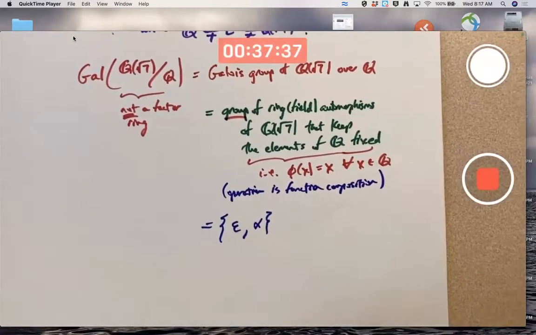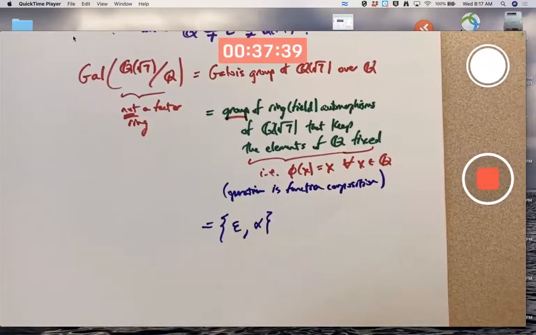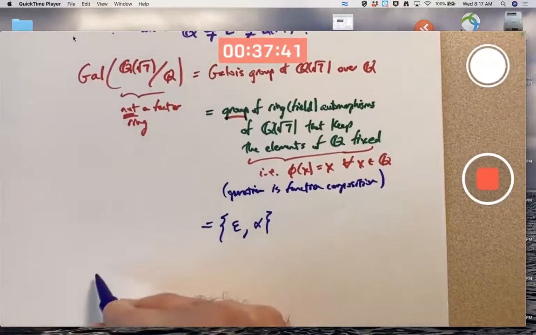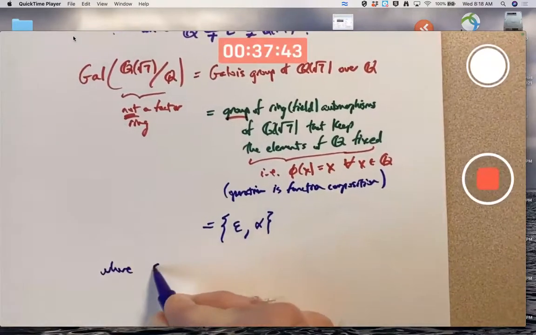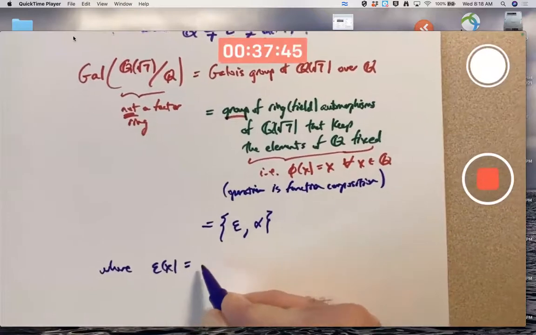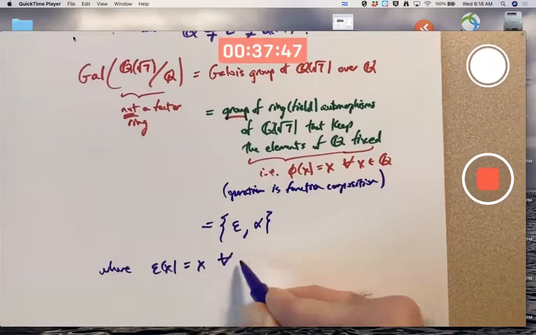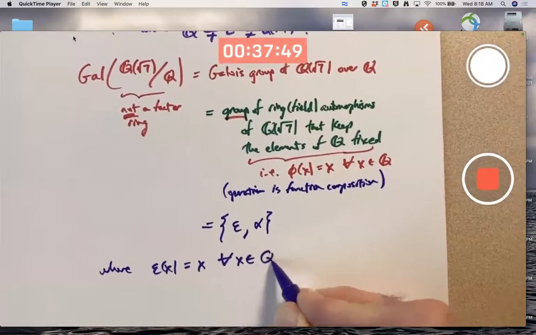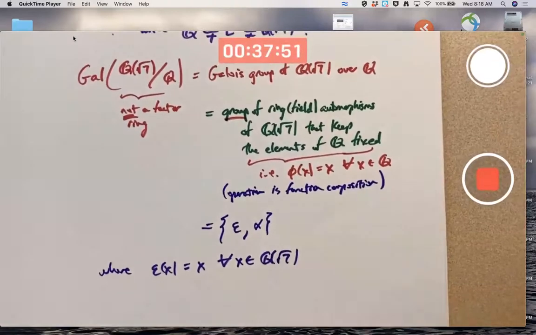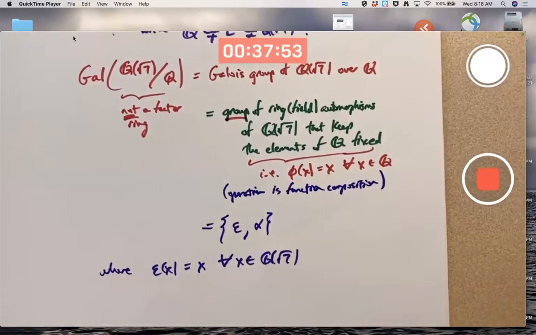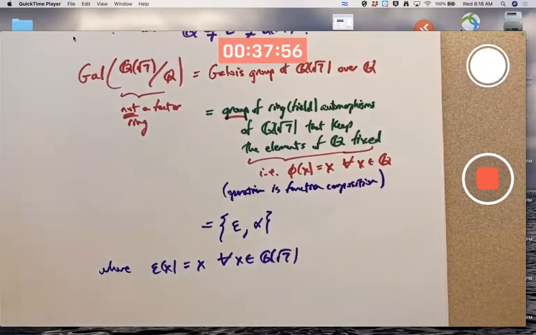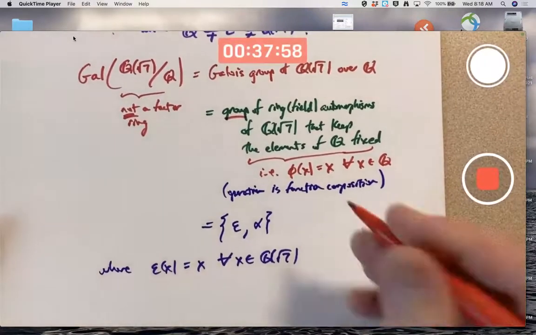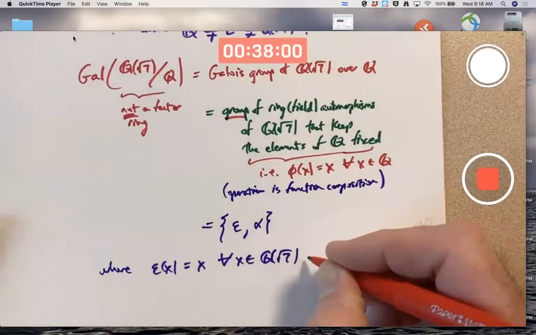Epsilon for a reason, because it's like the identity permutation back in chapter 5, where epsilon of x equals x, not only for all x in Q, but for all x in Q adjoin root 7. And what is Q adjoin root 7 anyway?